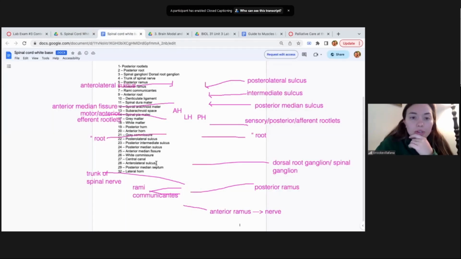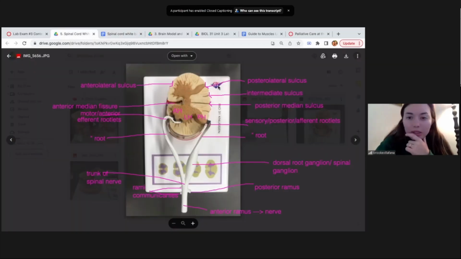Posterior median sulcus and then posterior median septum, it looks like. Sorry, my voice keeps cutting out. Posterior median septum. So right here, this division point would be posterior median septum. And then just like before, you would have your white matter and your gray matter, which you guys know.